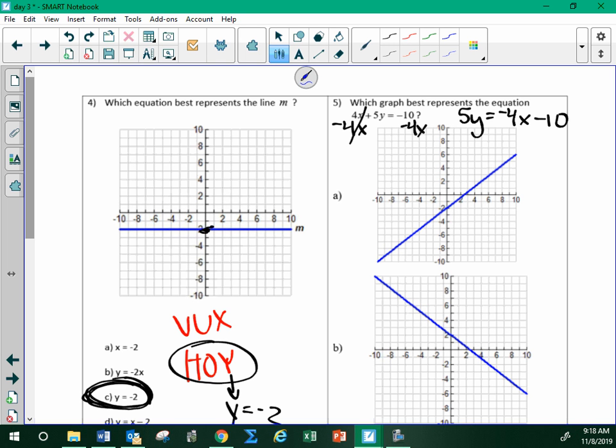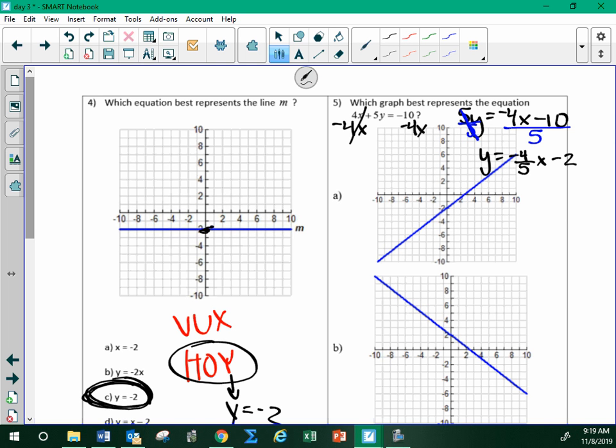And then how do I get y by itself? If I have 5 times y, what's the opposite? Dividing, good. So I have y equals negative 4 divided by 5, which stays as a fraction, and on your calculator, negative 10 divided by 5 is negative 2.